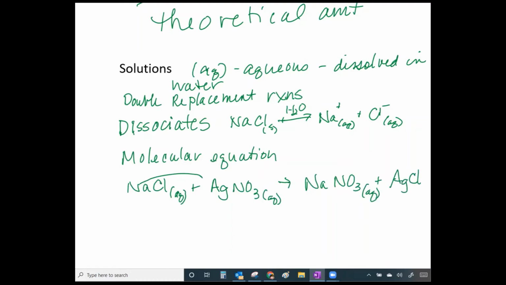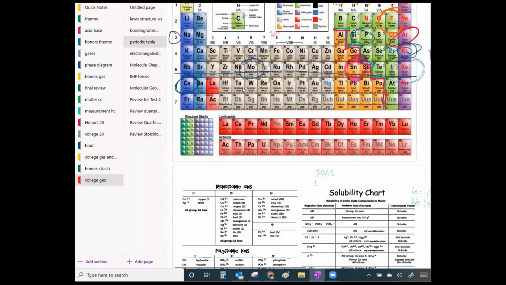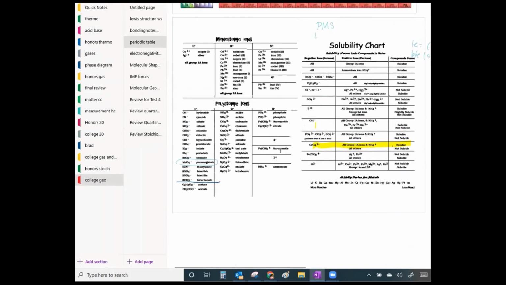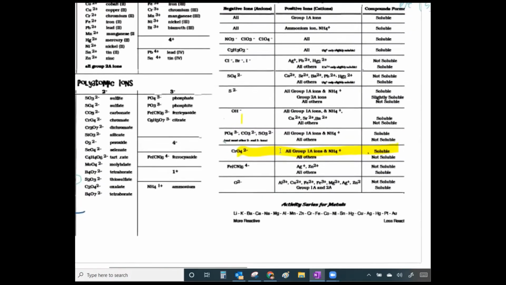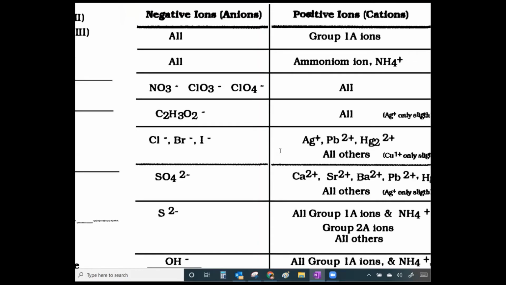Now, we have to figure out what is going to be soluble and what is going to be insoluble. So we'll need to look at our solubility table. Here's our solubility table. One of our products was sodium nitrate.